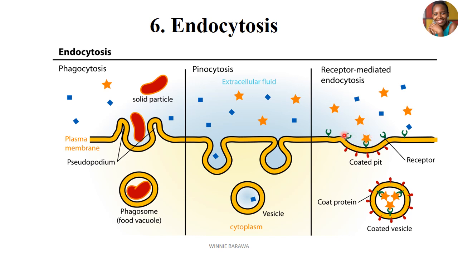Once they are attached, they will be engulfed, or encircled, and then pinched off and enter the cell. So these are materials that have to be mediated into the cell by the use of receptor sites. It's a bit different from just doing phagocytosis or pinocytosis.